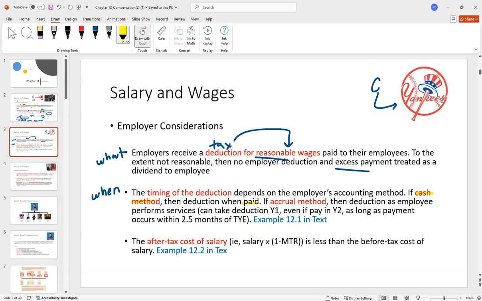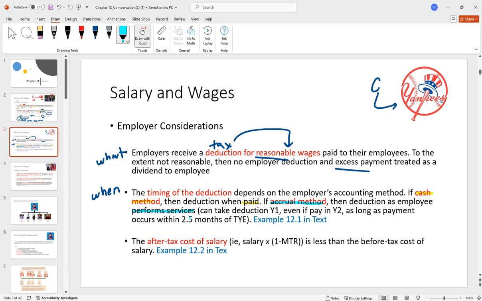If we pay it in year one, we'll get a deduction in year one. If they're accrual, which most large corporations especially are, then it's going to be when the employee performs the services. It's like, you accrue the insurance as you use it, you accrue the expense as the employees work.